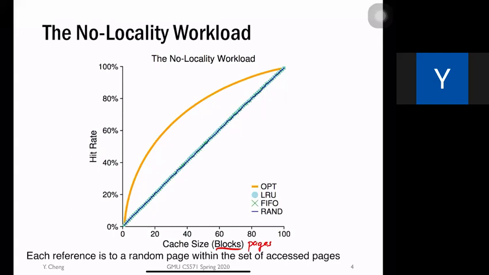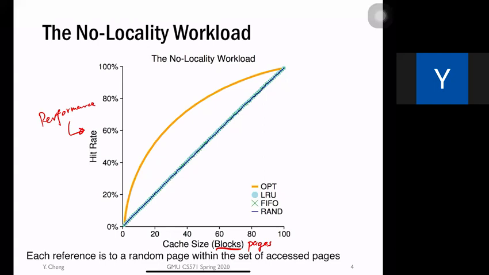The y dimension is performance in terms of read-hit ratio. Of course, the higher the better. If we were talking about performance in terms of miss ratio, obviously the lower the better.